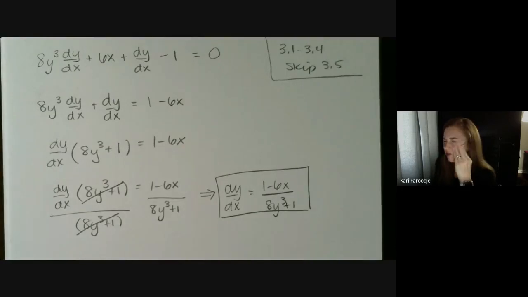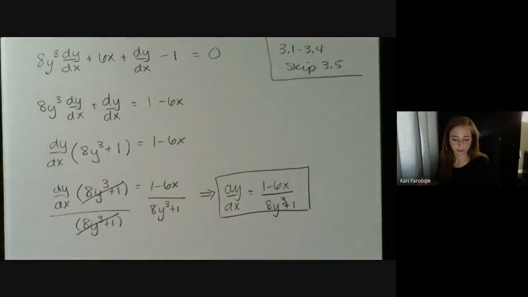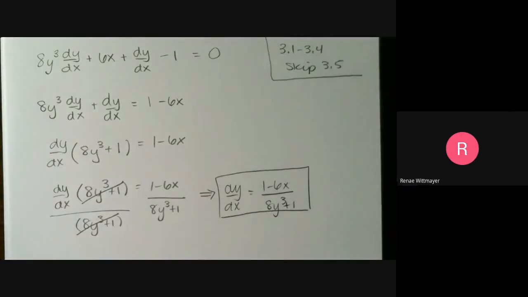I have a couple things I want to say about this. First of all, does anyone have a question about how I obtained dy dx? One thing I wanted to say about this is, oh, go ahead, Renee. So you just leave it as dy dx, you don't change it back to y or anything?